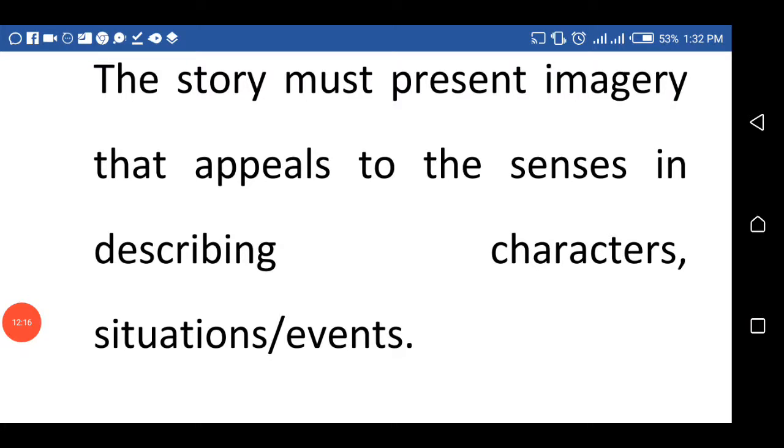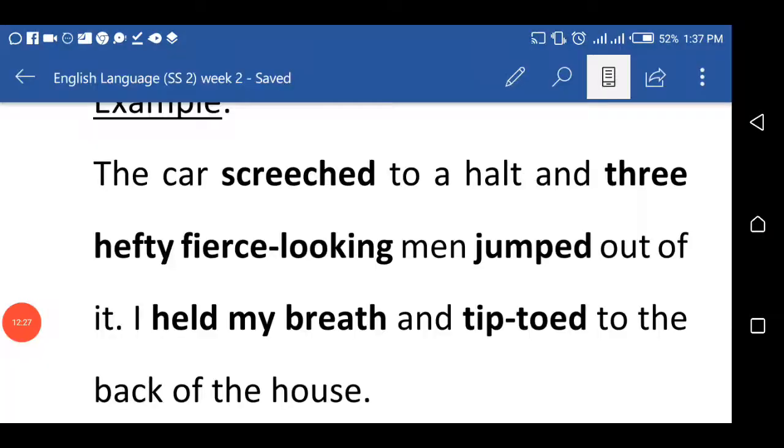The story must present imagery that appeals to the senses in describing characters, situations, or events. For instance, when you look at the example below: The car screeched to a halt, and 3 hefty, fierce-looking men jumped out of it. I held my breath and tiptoed to the back of the house.